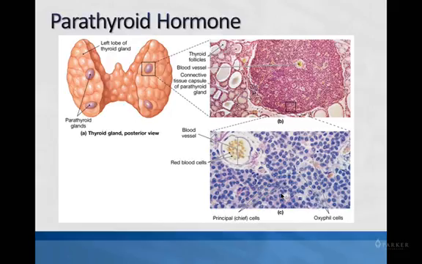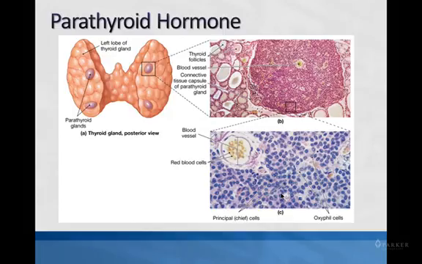If someone has their thyroid gland removed, it's very important they leave part of the parathyroid glands because they're very important in calcium maintenance. Sometimes the parathyroid glands are damaged in the process of thyroid surgery.